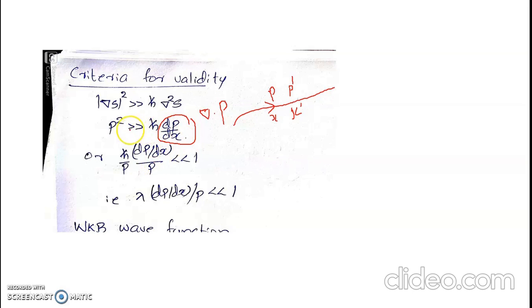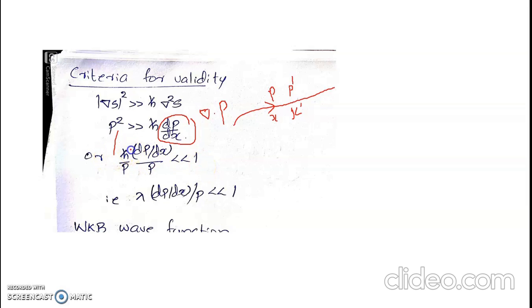Or we take this term to the right side, so that I will be writing this greater than in terms of, say, much less than. Already h cross is there, P squared is taken to the right side, and I have put one P under h cross, and another P under dP by dx. So this criterion becomes h cross by P times dP by dx by P much less than 1.